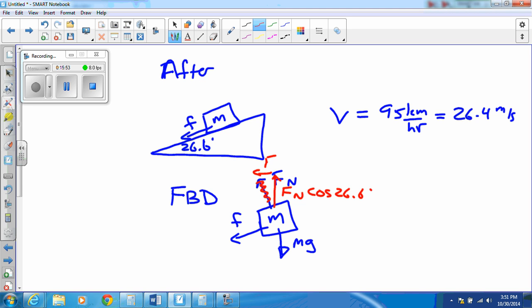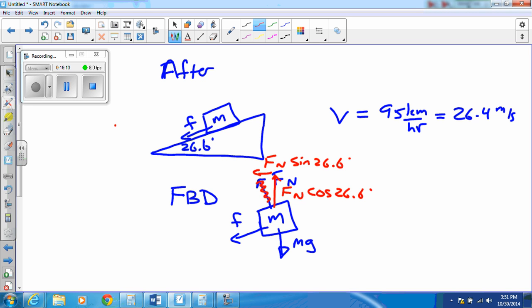This one is going to be the cosine component of 26.6 degrees, and this one will be the sine component, 26.6 degrees, for exactly the same reason as we had in the previous part.